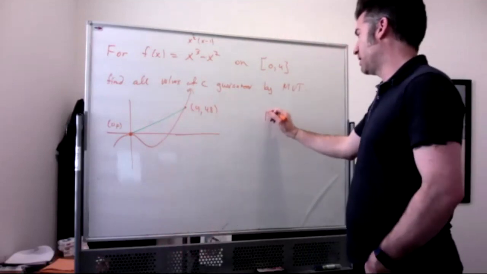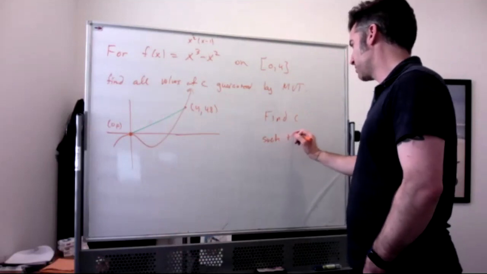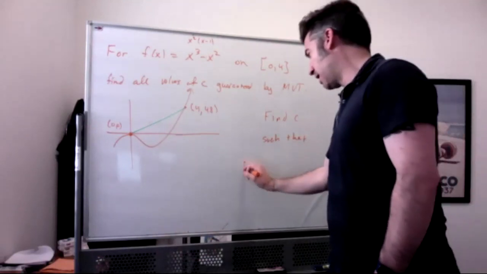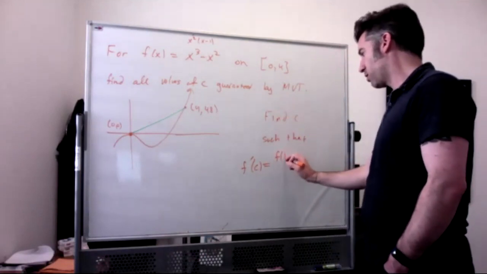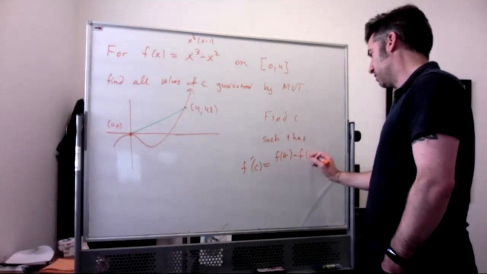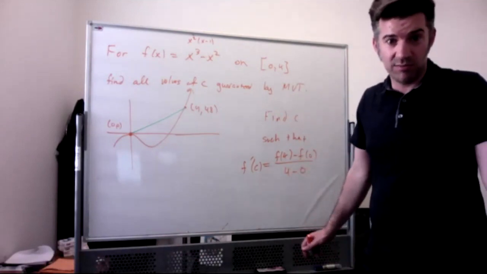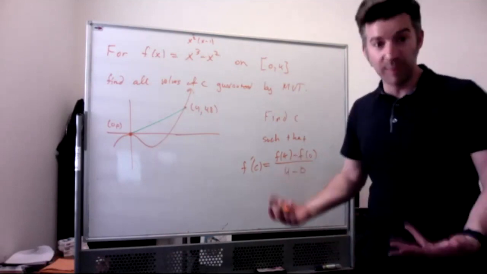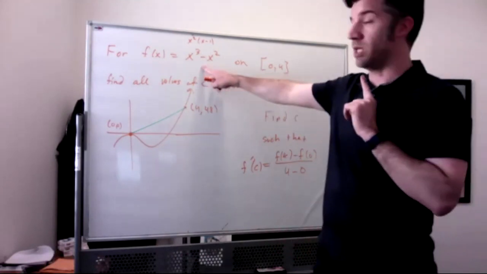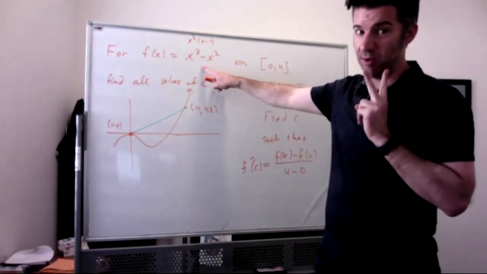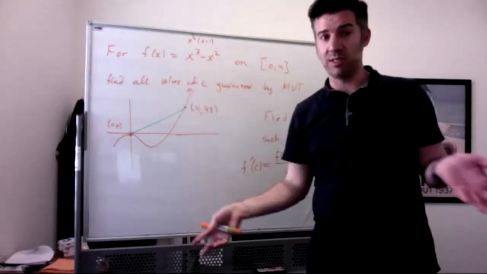So we want to find c such that f prime of c equals f of 4 minus f of 0 all over 4 minus 0. We know there has to be at least one, because the function is continuous and differentiable, since it's a polynomial, and polynomials are continuous and differentiable everywhere.